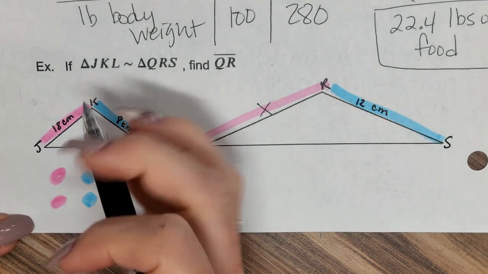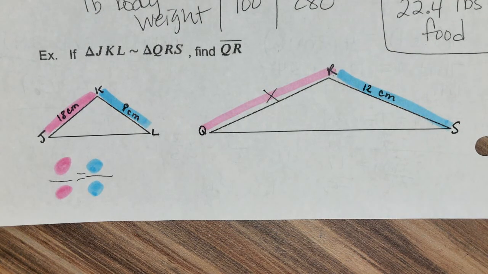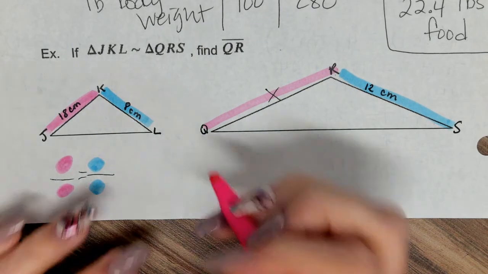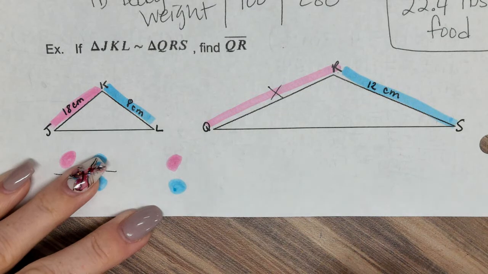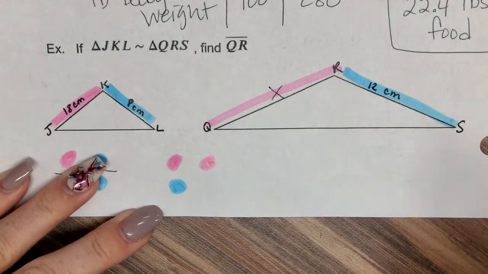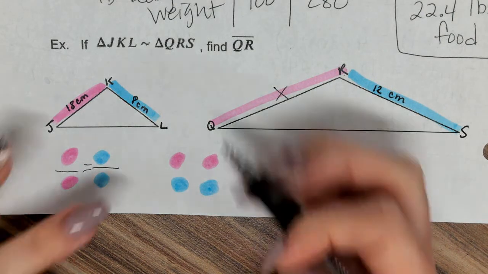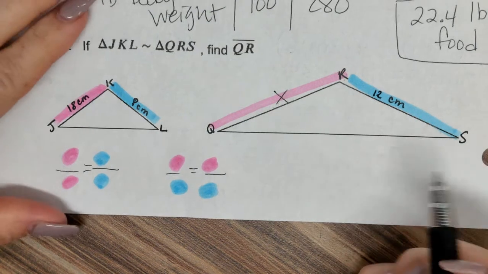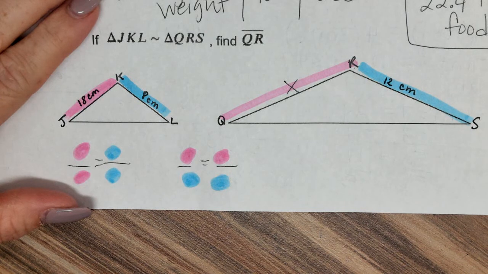I'm just showing you. You could also do this pink to this blue as this pink is to this blue. So do y'all see that there's more than one way to set up proportional ratios? I usually do pink to pink, blue to blue. That's the way I usually do it.